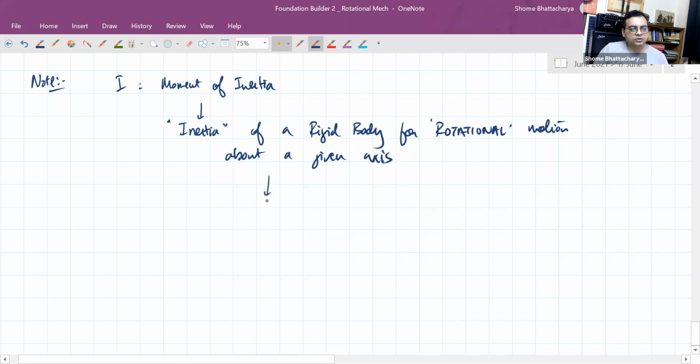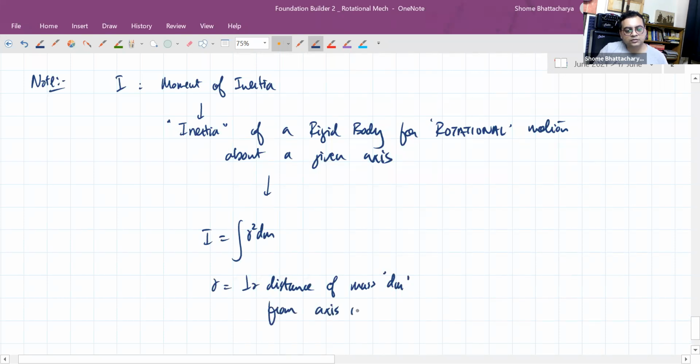So it basically depends on two things. You can see that integration of r squared dm, where r is the perpendicular distance of mass dm from the axis of rotation.